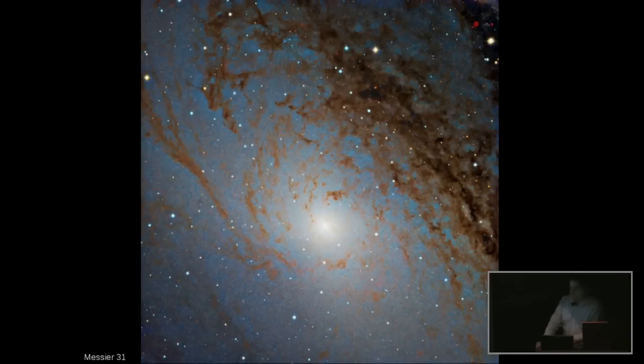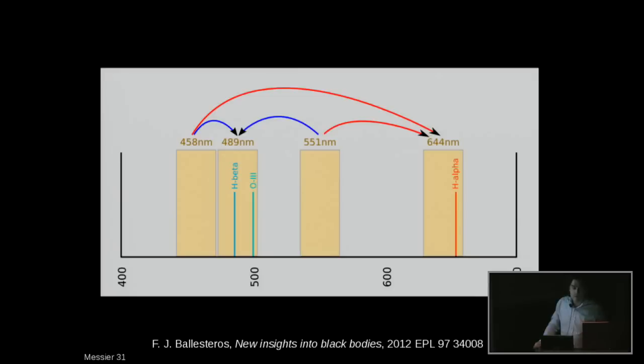In this other example, we used again narrowband imaging techniques. It's the core of the Andromeda galaxy, and here we used 4 different filters. 2 of the filters were centered on emission lines, here on H-alpha and here on H-beta and oxygen 3.